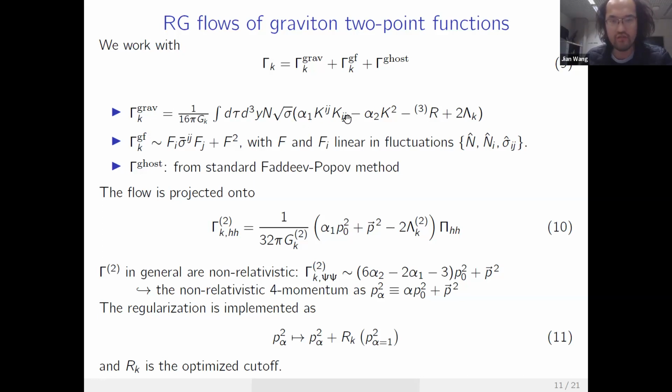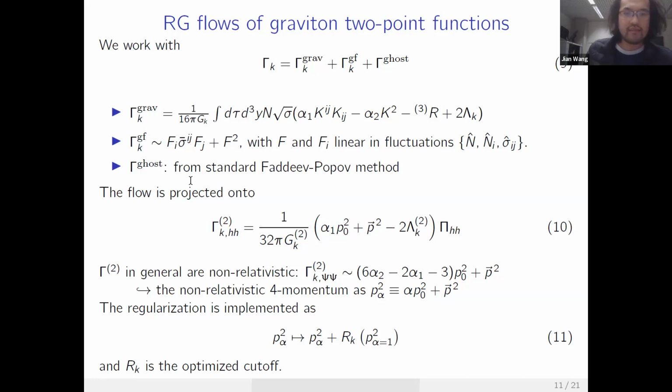Here we still have two running couplings, alpha 1 and alpha 2. The gauge fixing term is quadratic in the fluctuations, and the corresponding ghost term can be obtained from the standard Faddeev-Popov method. We will not give the details here.